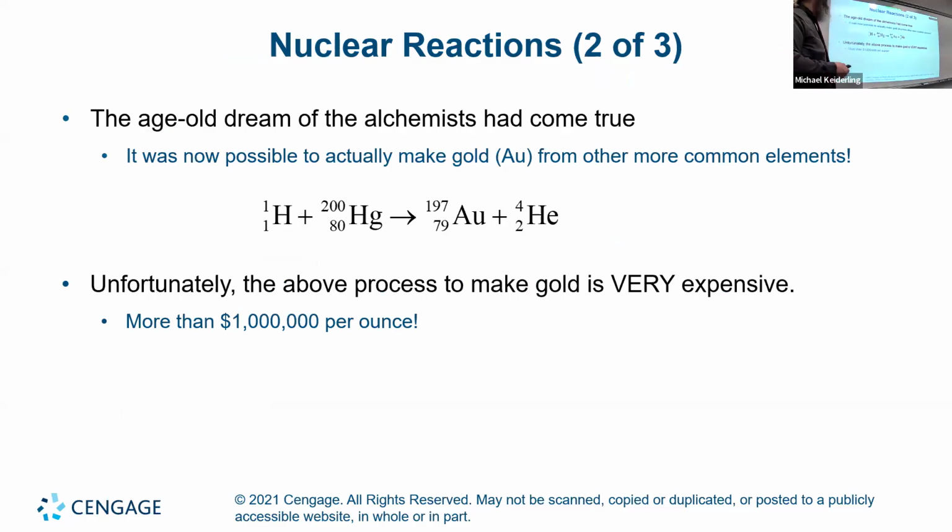So here's an example of a simple reaction that makes gold, where you hit mercury with helium, and it turns into gold-197. And mercury with hydrogen turns into gold-197 and helium nucleus.